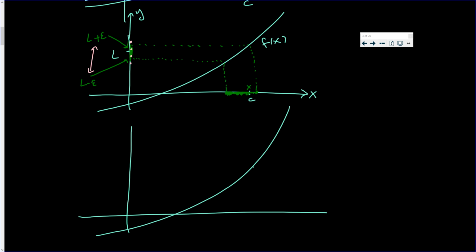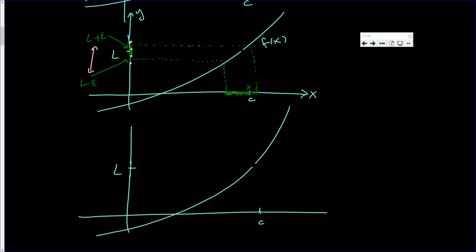I'm going to pick that point for C. And just like in the other graph, I really should have removed the one point exactly at C. Okay, so now here is what we claim L is. We claim that L is right here.